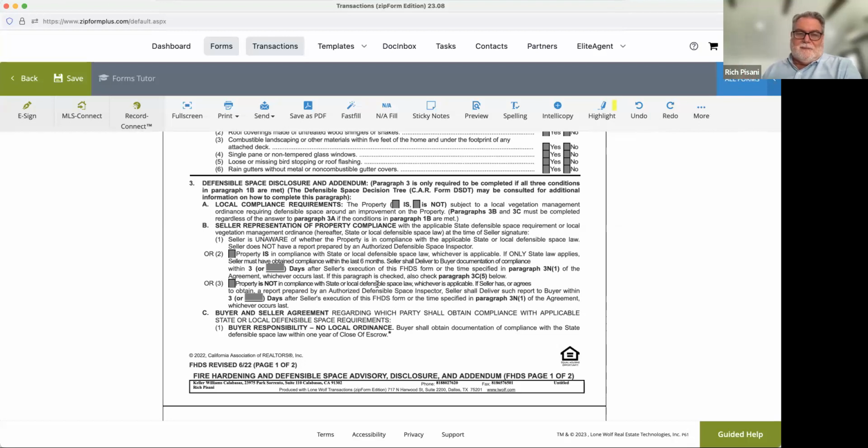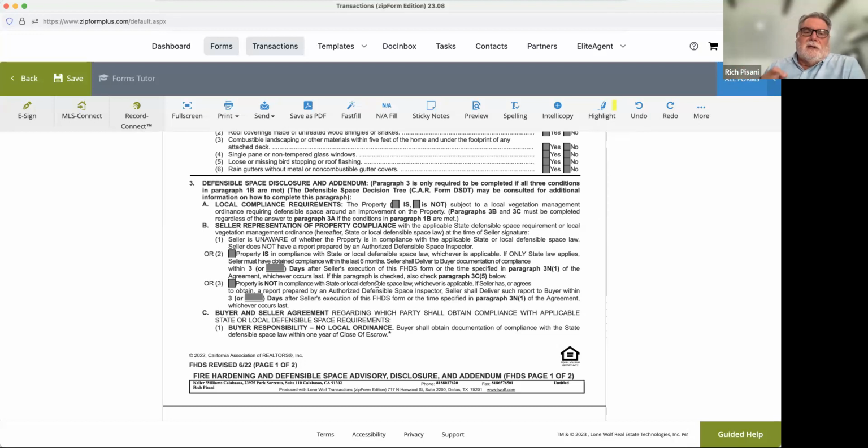So then we go to B, and it says seller representation of property compliance with the applicable state defensible space requirement or local vegetation management ordinance.